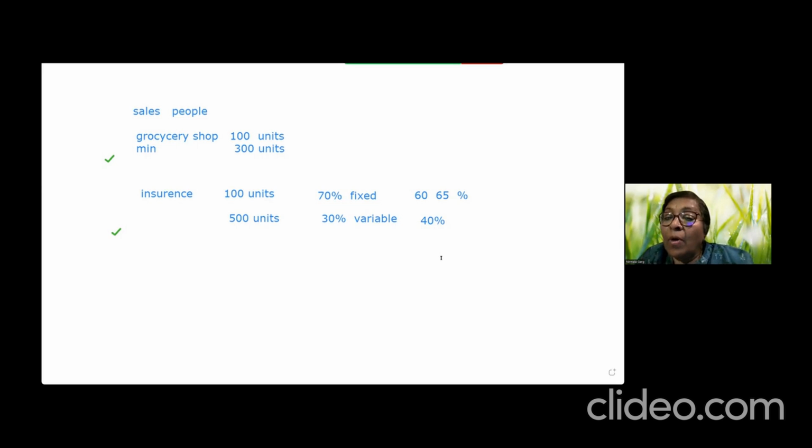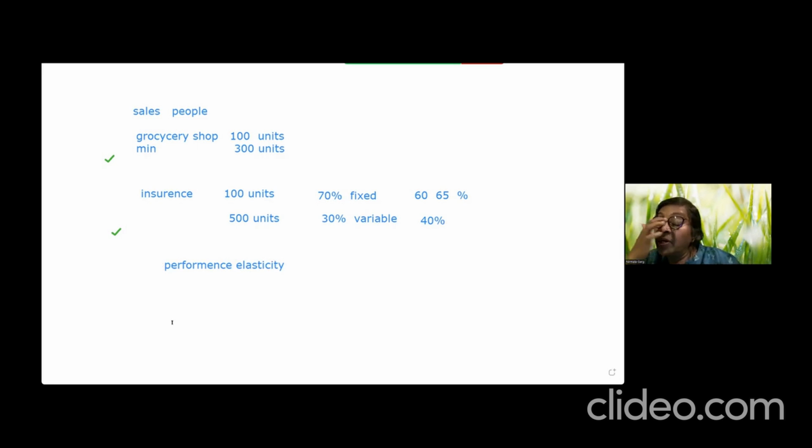Because if I give him most of it as fixed and I don't have a variable pay, his scope for selling is limited. So I'm trying to drive a very important point called performance elasticity. What does it mean?